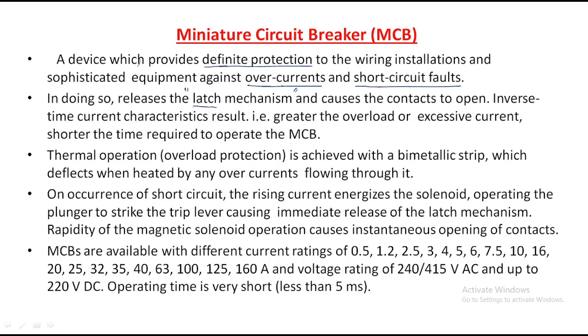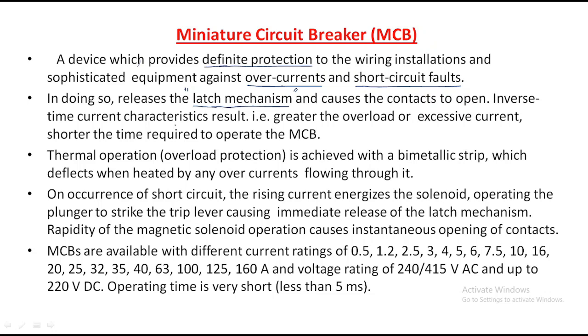By that mechanism it will operate, causing the contacts to open. Simple thing: whenever contacts are open, there is no flow of current, and whenever contacts are closed, the flow of current is possible. That's the principle inside it.